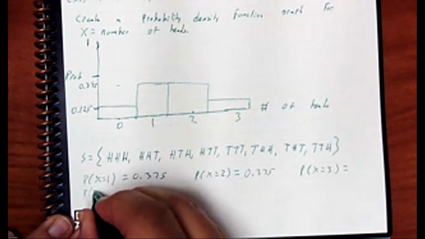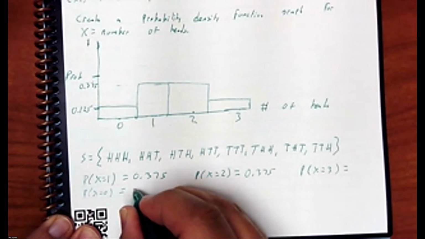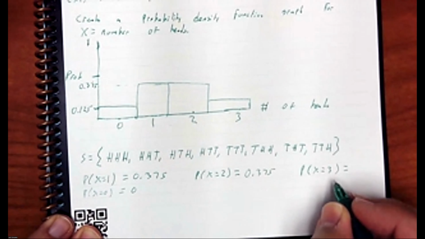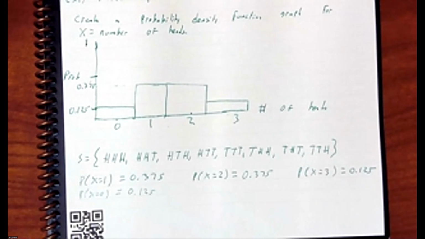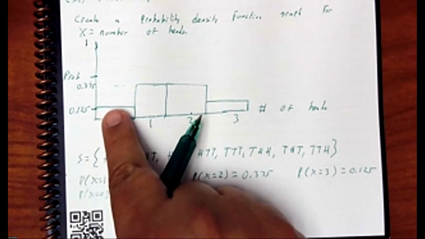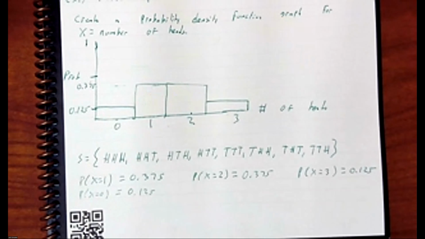So P of 0 would be the same as P of 3. That'd be the distribution of your experiment. If you add up the area of every single rectangle, it will equal to 1. And the height of each one is greater than 0, and the total is equal to 1. So that satisfies 1 and 2.